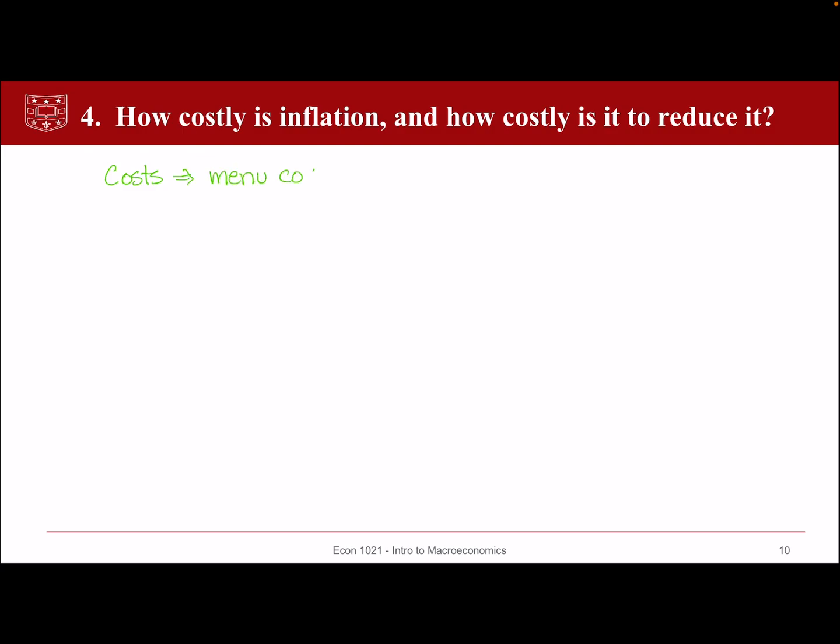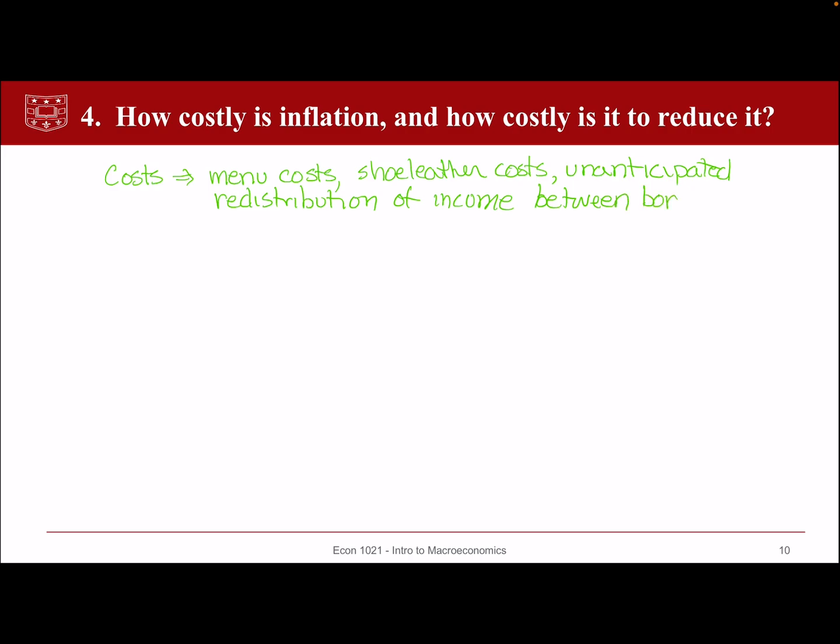So we talked about menu costs, we talked about shoe leather costs, and we talked about unanticipated redistribution of interest income, but income between borrowers and lenders, and the adverse consequences that can happen in financial markets as a result of that.